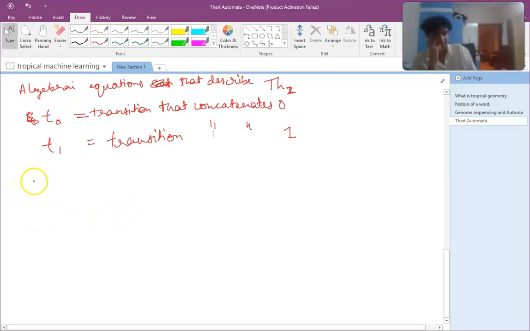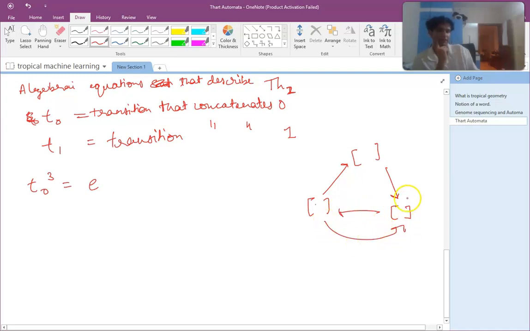Then I have the following. T1 cubed is equal to the identity. The idea is that if I start like this, I'm not going to put what's inside, because what I care about is the relations between them. I have a cycle of arrows going in the clockwise direction, and another cycle on the opposite side going anti-clockwise.